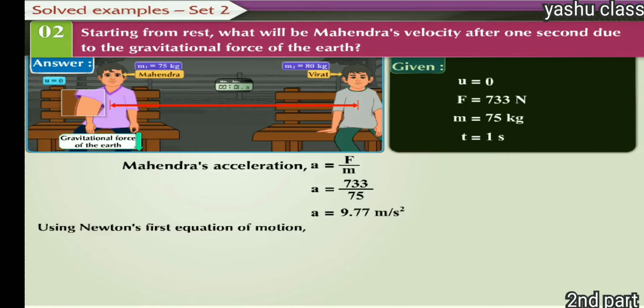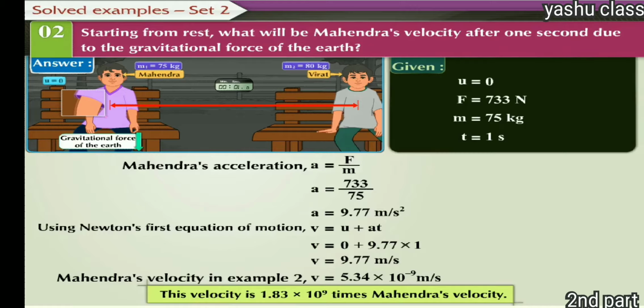The equation is final velocity v is equal to initial velocity u plus acceleration a into time t. Therefore, v is equal to 0 plus 9.77 into 1. Therefore, v is equal to 9.77 meter per second.